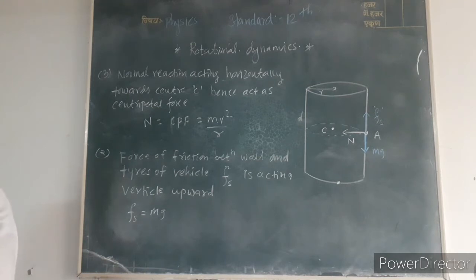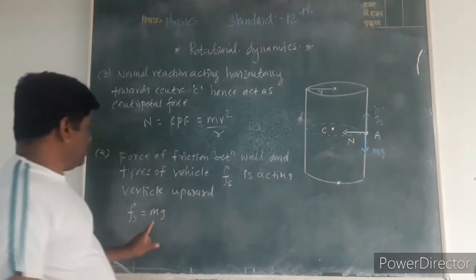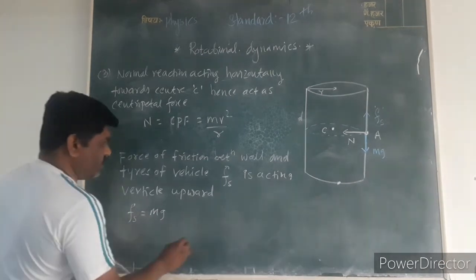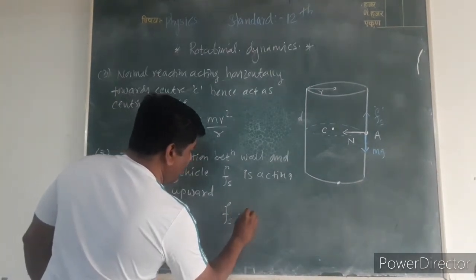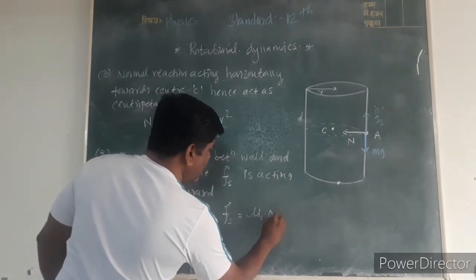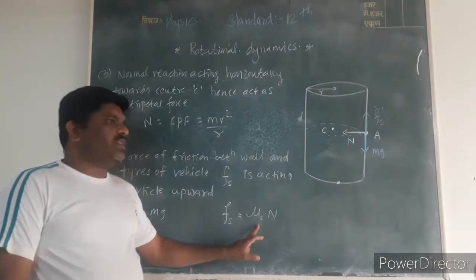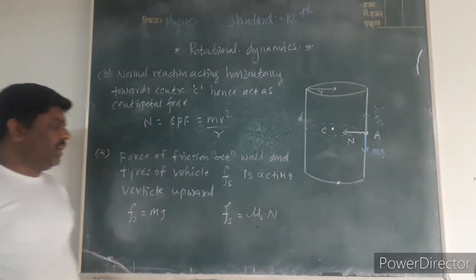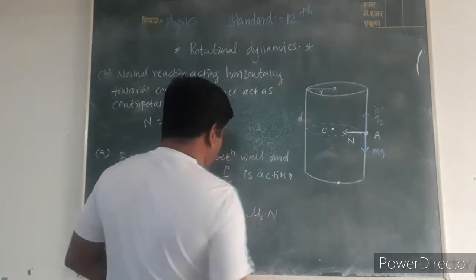Now also we have the force of static friction. The force of static friction, that is Fs, is equal to mu s into N, where mu s is the coefficient of static friction and N is the normal reaction.